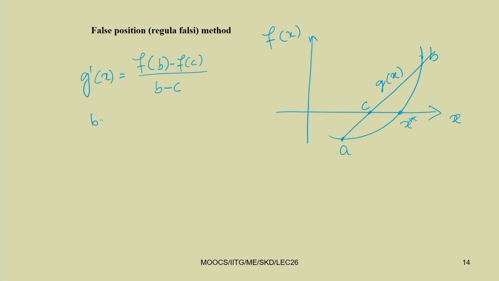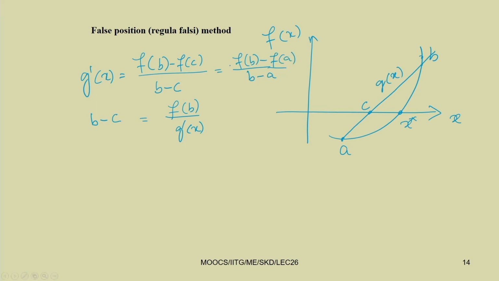So, b minus c, as f c equals 0, this is equal to f b by g dash x. As we know this point, g dash x can be found. As we know f b and f a, we can find g dash x easily. So g dash x is equal to f b minus f a by b minus a.